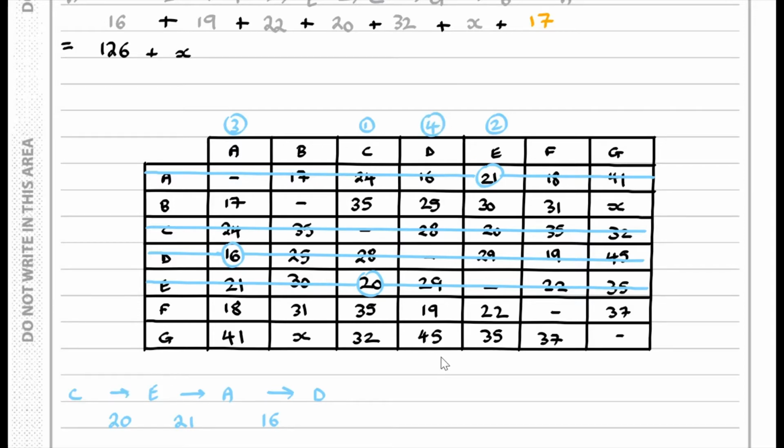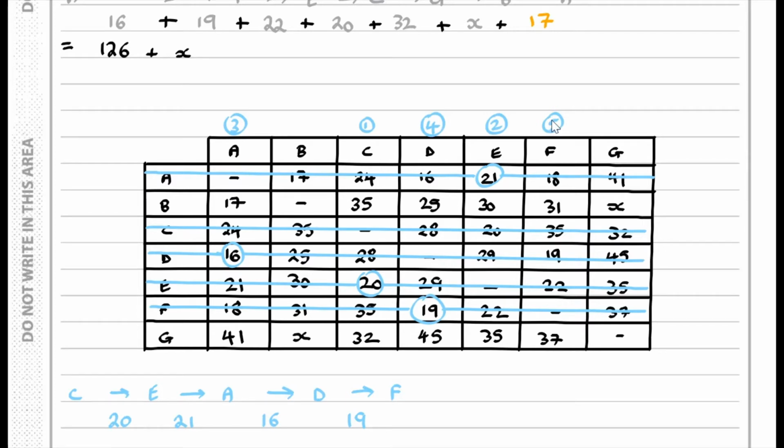We look down D for the next smallest, that's this 19, and that corresponds to F. So we delete this entire row and we label F with a number 5.